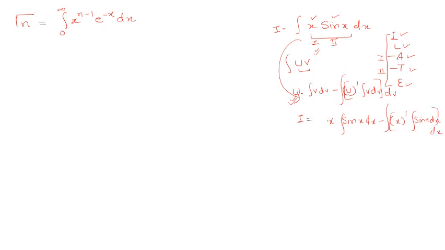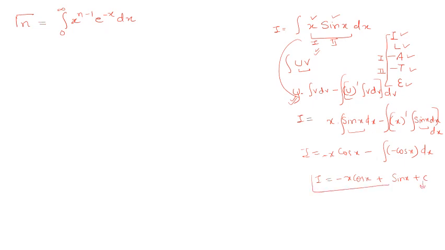Then it would be x, integration of sine x, which we know is minus cos x, then differentiation of x is 1, integration of sine x is minus cos x, and then again integration. So it is minus x cos x plus, integration of cos is sine, plus c. This is your answer, right?